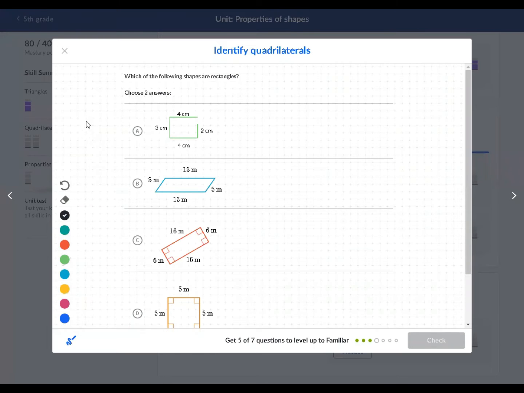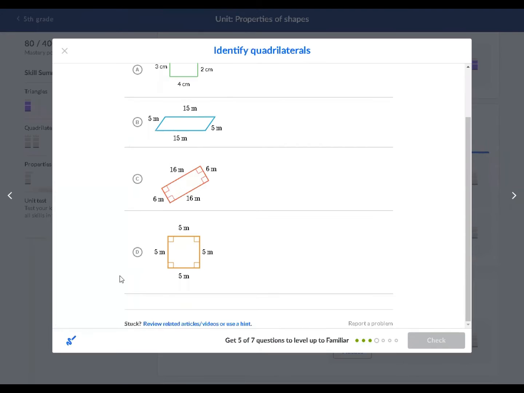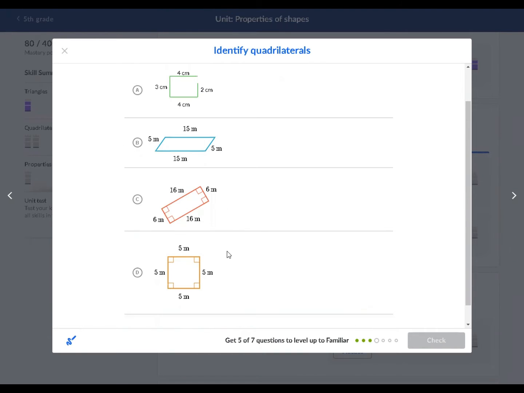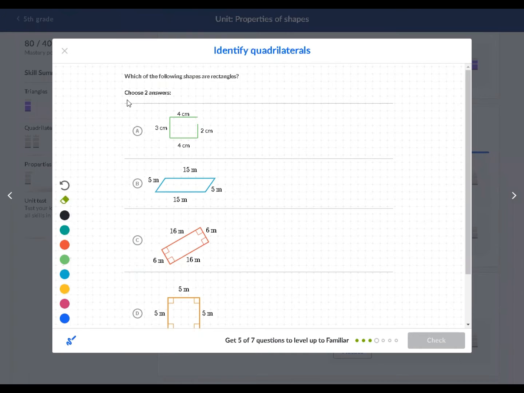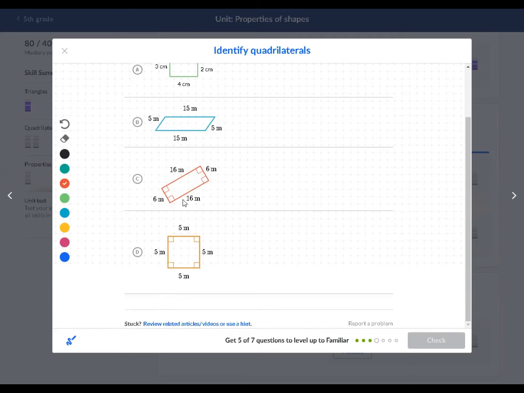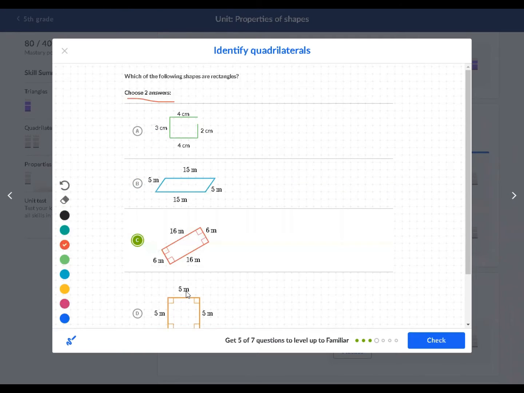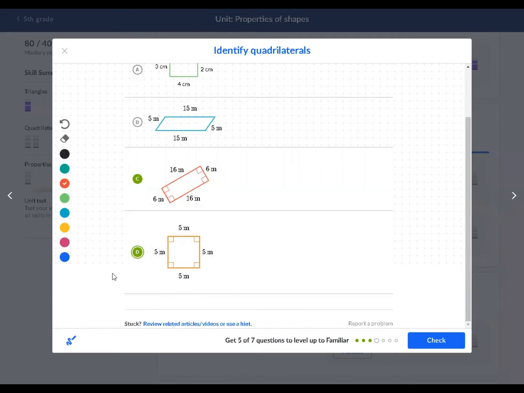So it just means that a rectangle's opposite sides are equal, and all of its angles are right. So again, we have to choose two answers. So this looks like a rectangle, and this is also a rectangle.